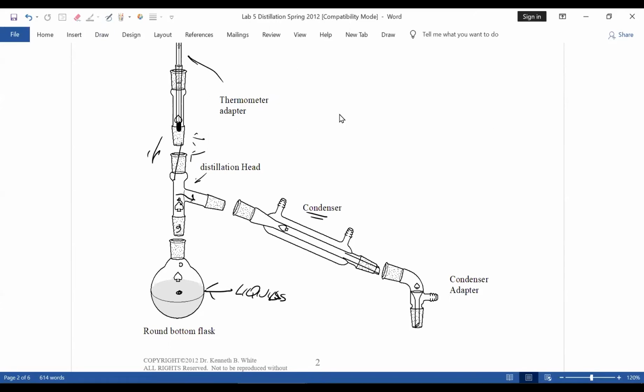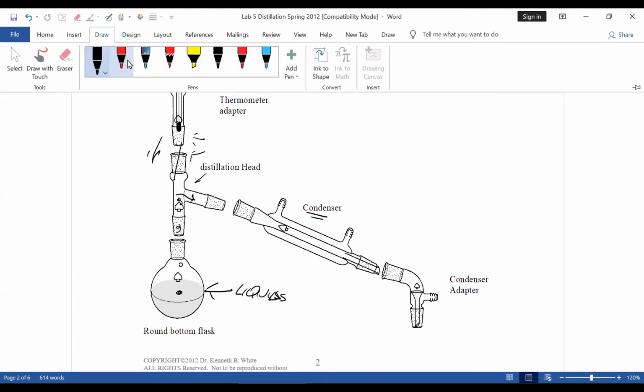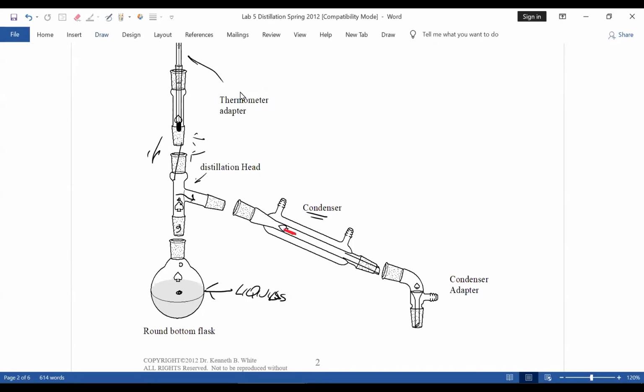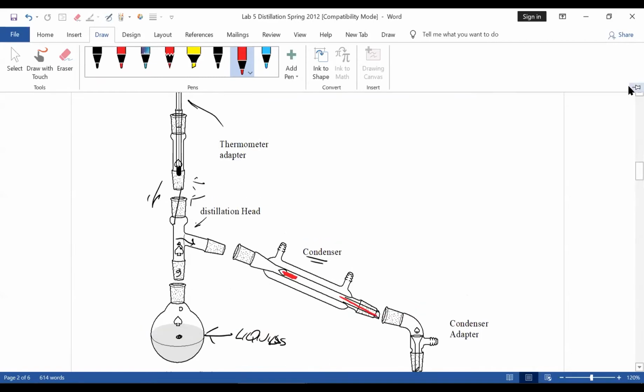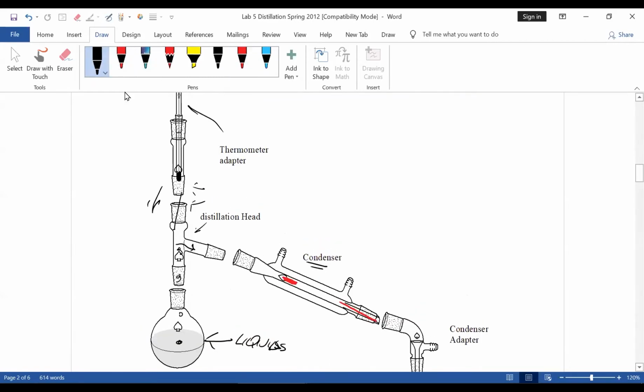Now the condenser is two tubes, an inner tube that goes all the way through, and an outer tube here, which is also called a water jacket.